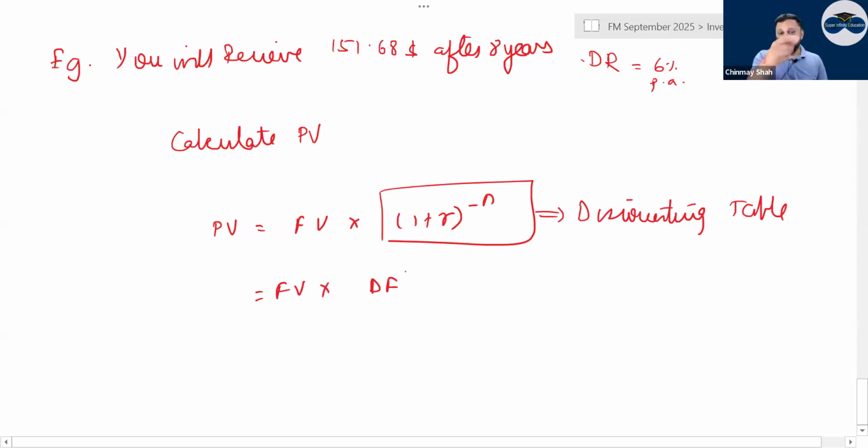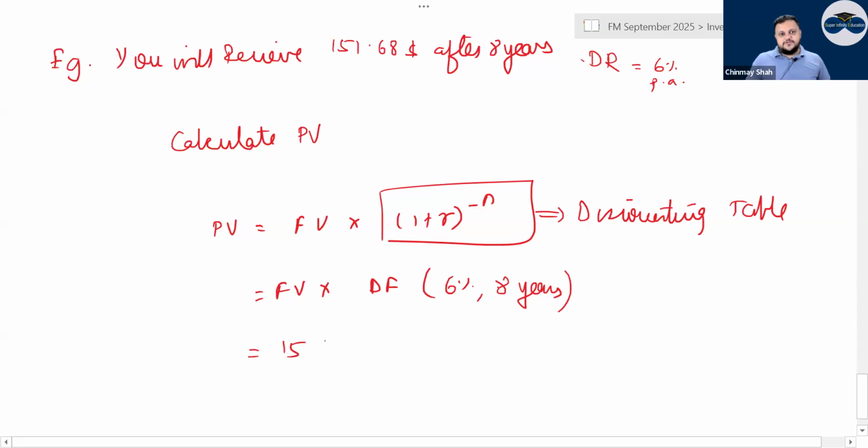DF means what? The factor that is there, right? Bracket में you write the rate. Correct. Rate is how much? 6%. And how many years worth of future value you have to pull back? Tell me. 8 years. So go into the discounting table.